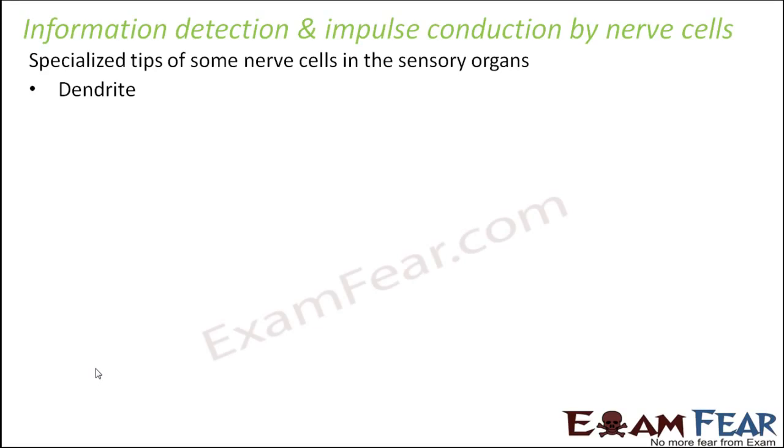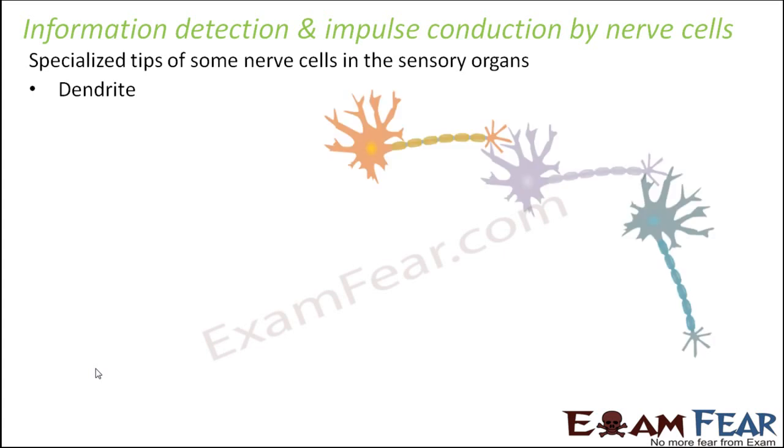Information from outside will be received by the specialized tips of those nerve cells. These receptors are present in the sensory organs. In the previous slide, while talking about the structure of the neuron, I told that the dendrite is that part of the neuron which brings information from outside. So the dendrite will bring the information from outside.